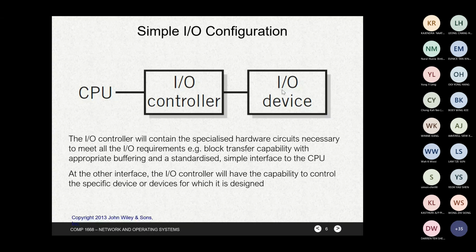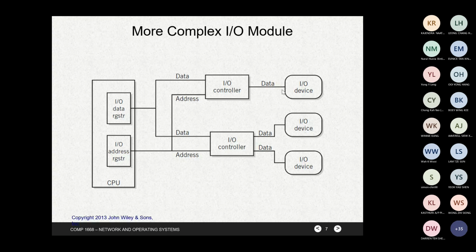So what is the function of this I/O controller? Definitely to manage and control the data transfer, because what you are transferring through the I/O is data, right? I'm very sure you will agree with that. To control the data, either character by character or bit by bit or block by block, all is managed by the controller.